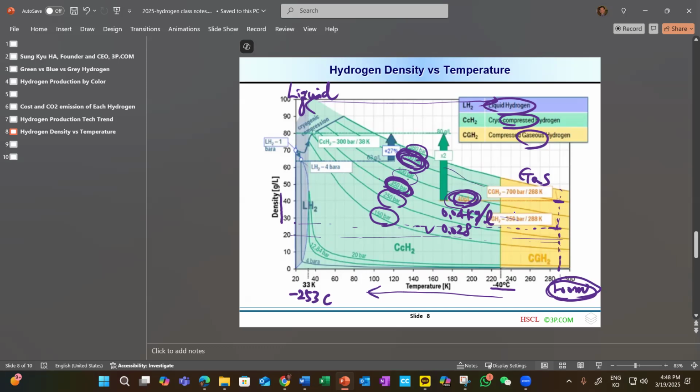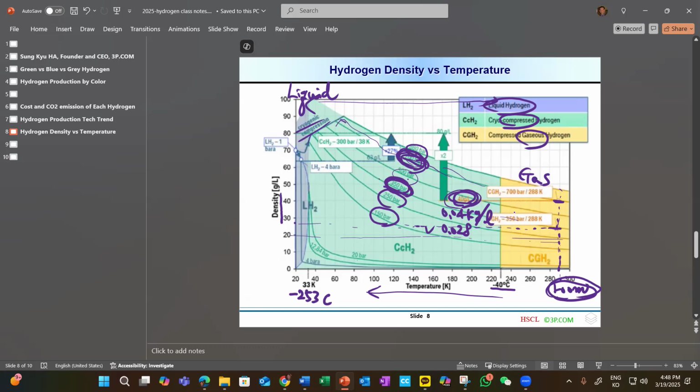The density goes up and up and up, and this is especially called cryogenic compressed, and we can have a sort of half liquid, half gas, and then compressed, completely liquid.